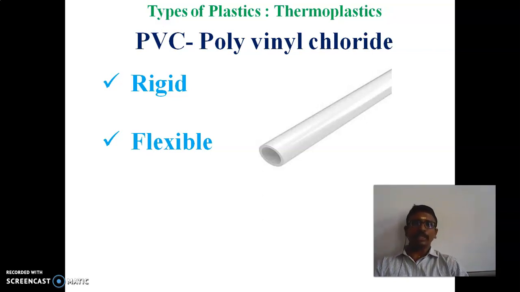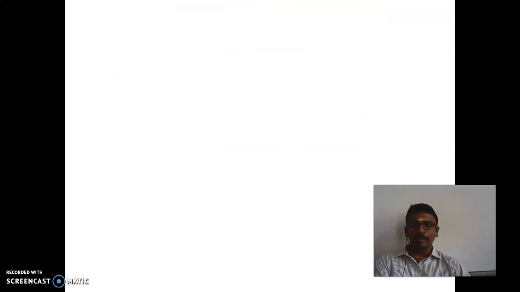So these are the uses of PVC. With PVC we can manufacture plastic tubes and plastic pipes.